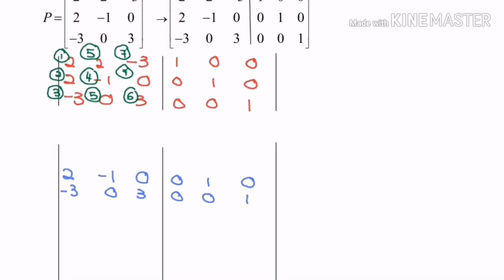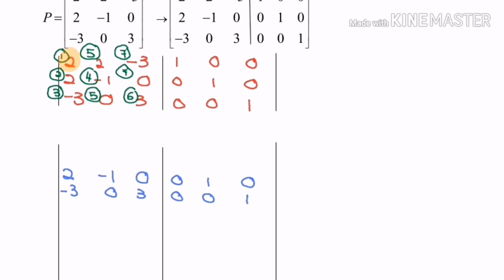So now I'm going to find the inverse of P. I'm going to begin with step 1, which is to change the 2 to become 1. I'm going to use rule number 2, multiply one row by a non-zero scalar k.